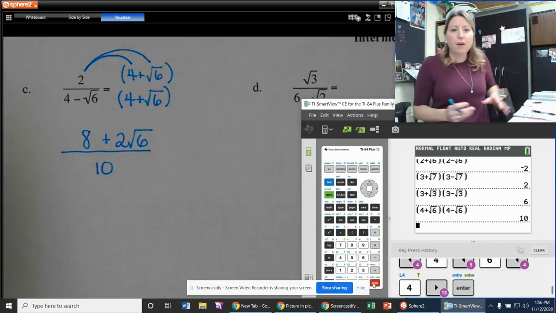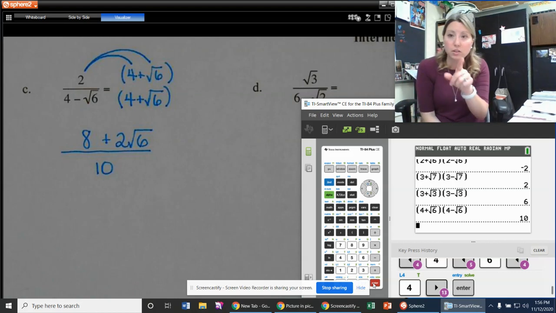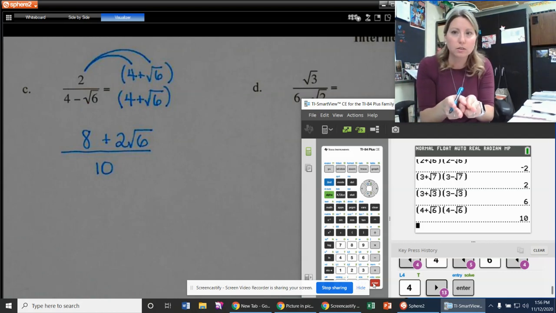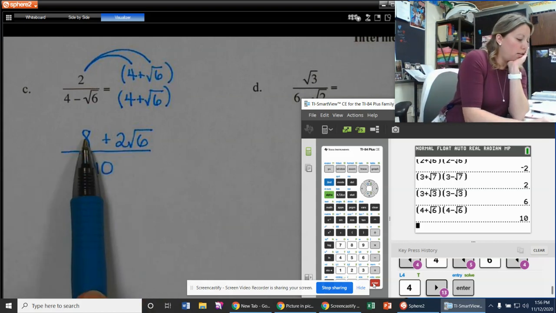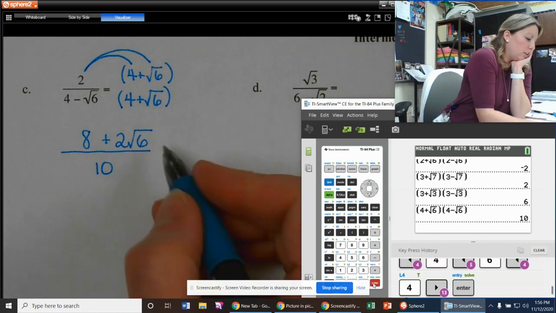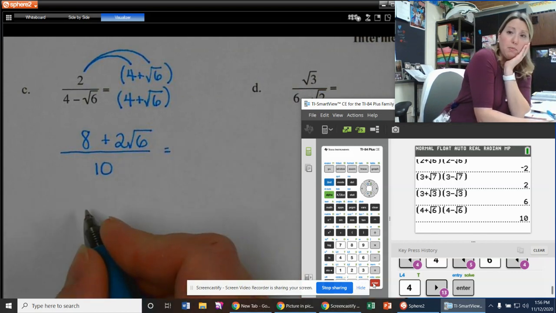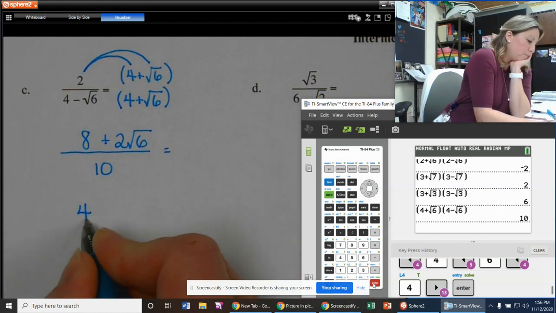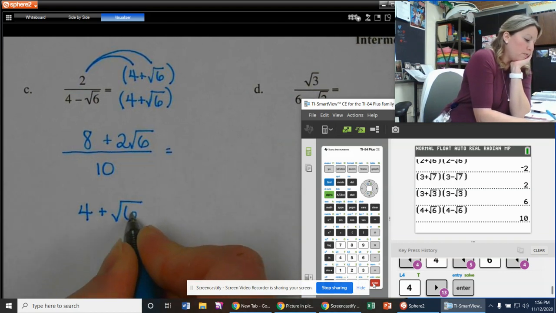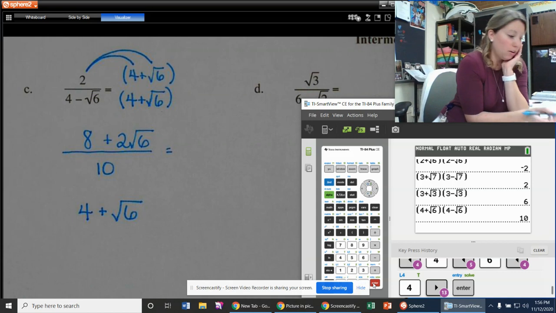Nothing to simplify radical-wise, but those coefficients are all even numbers. So 8, 2, and 10 are all evenly divisible by 2. What is 8 divided by 2? 4. 2 divided by 2 is 1. You don't have to put the 1 in front of the radical 6. It can just be radical 6.